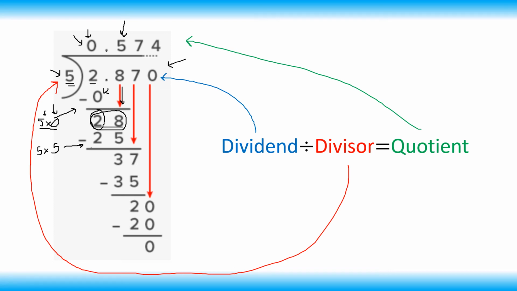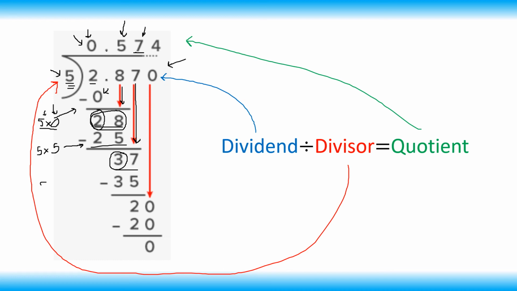That's why we have this 25 in here. We do that subtraction. 28 minus 25 is 3. So that's where that 3 is. Then we bring the 7 down. We repeat the process. How many times does 5 go into 37? Well, it goes into 37 7 times, so that's where we get this 7 right up here.